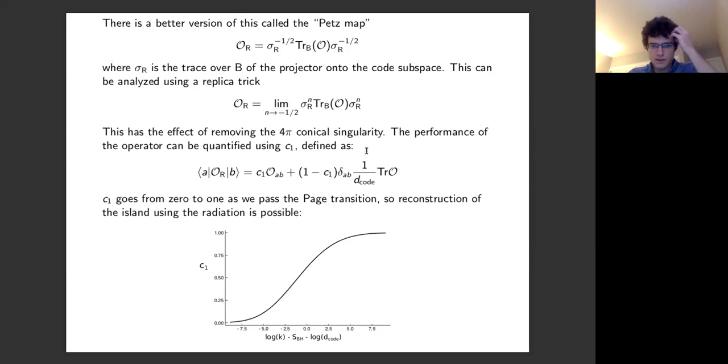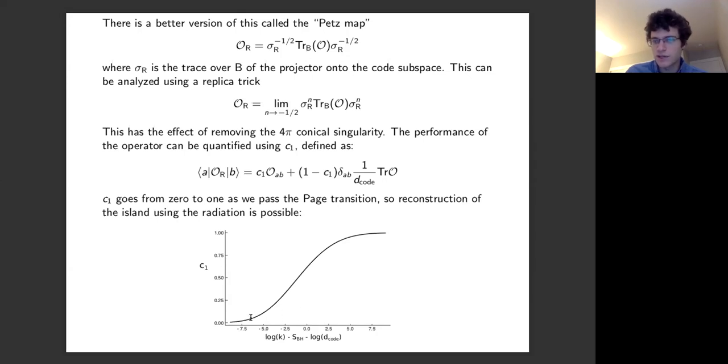And well, let me not say too much about this, but you can compute how well this operator works, and by doing, in this model, a summation over all geometries, disconnected and connected, partially connected, you find that the operator transitions between not working at all, that means this coefficient C1 is small, and working very well, that means C1 is 1, at the page time.